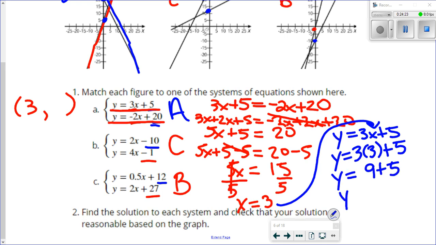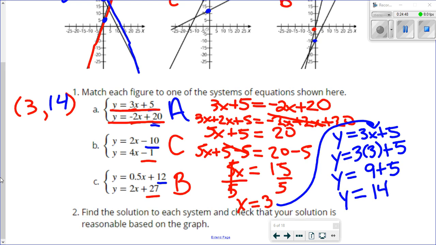And 9 plus 5 is 14. So now I have an x value to my system and a y value. So when x is 3, y is 14, and that should be the coordinate that holds true for both equations in the system.